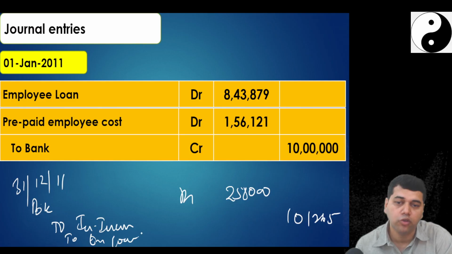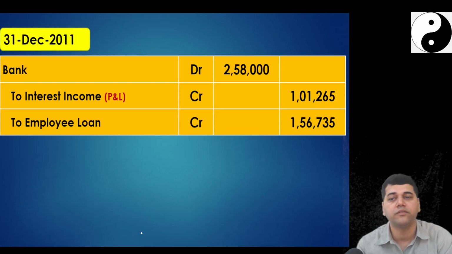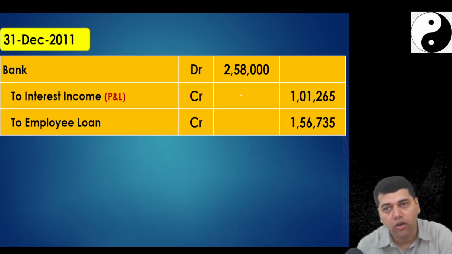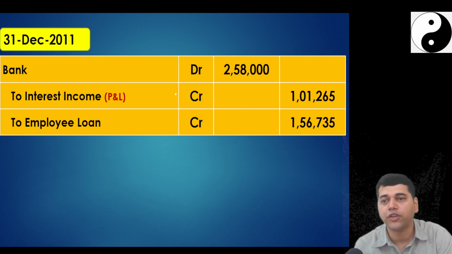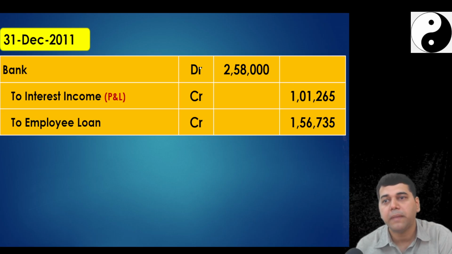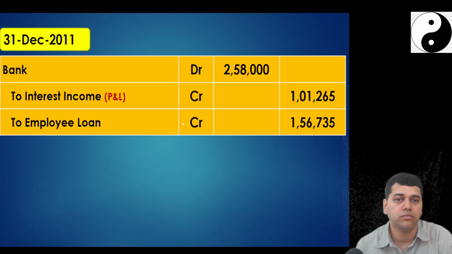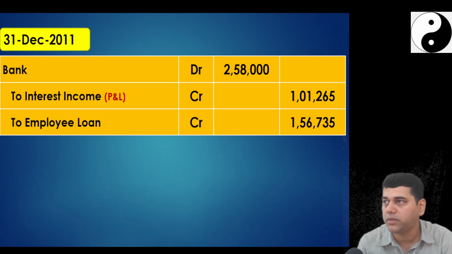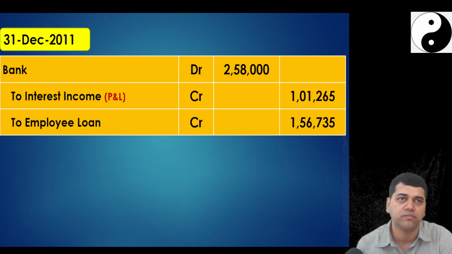Employee loan is the differential figure. Or you can say employee loan account debit to interest income, bank account debit to employee loan. Since employee loan remains common, I say pass one single entry.